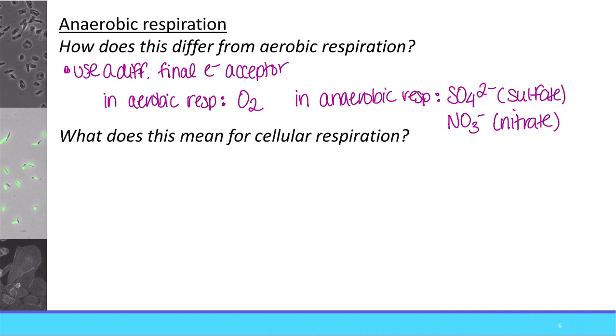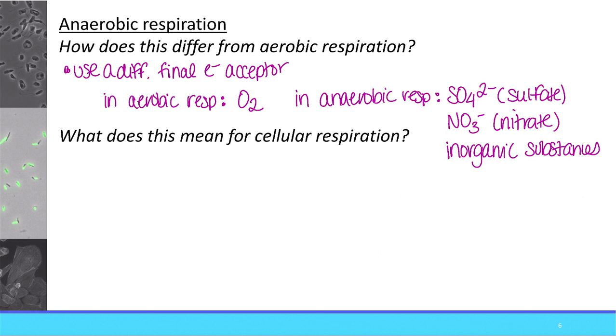If you ever take microbiology, we go into some of the other ones that can be used. Microbes tend to use a whole bunch of diverse ones, and that can result in a bunch of different final products. But as a whole, we tend to use inorganic substances as a final electron acceptor. The SO4 2- and NO3- are just two examples.